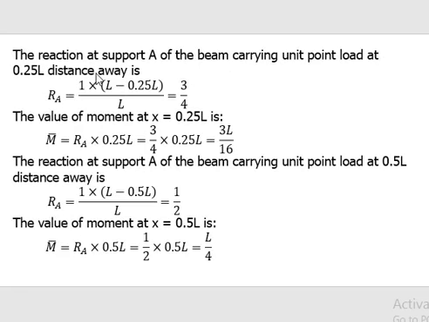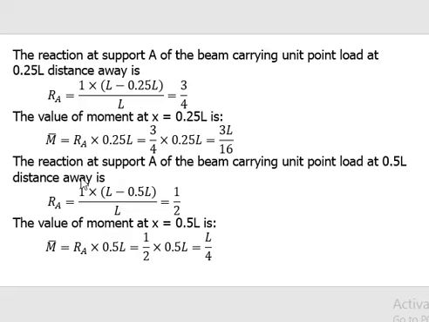The reaction at the support A of the beam carrying unit load, in this case located at 0.25 L distance away, is, as you see after solving out, 3 over 4. The value of the moment at 0.25 L is RA times 0.25 L. That is 3 over 4 now times 0.25 L. That gave 3L over 16.